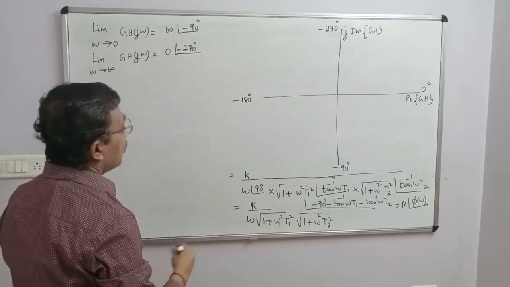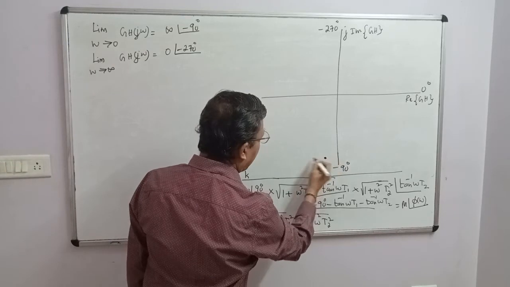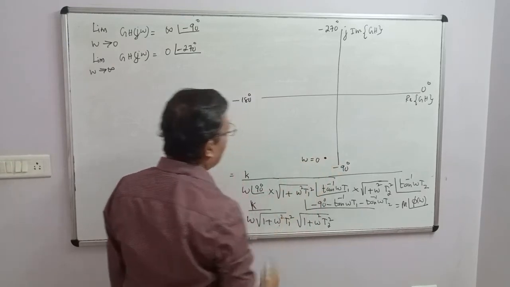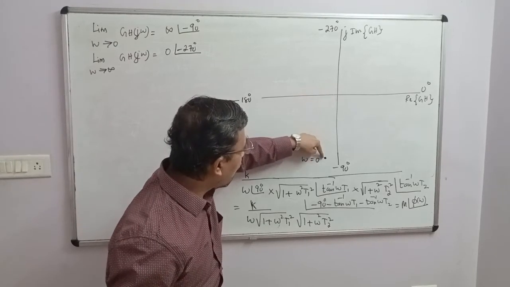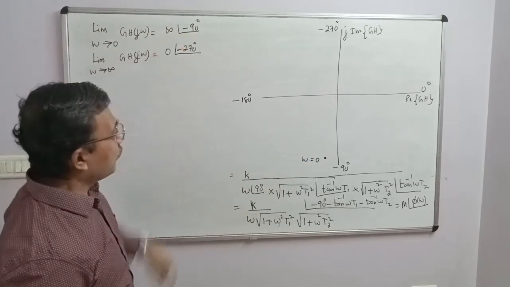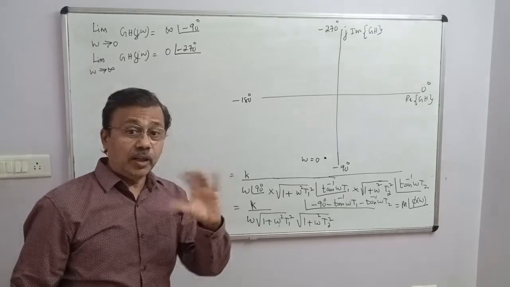When omega is 0, magnitude is infinity. Distance from origin to this point is infinity. Angle is minus 90. Omega equal to 0 is the limit.